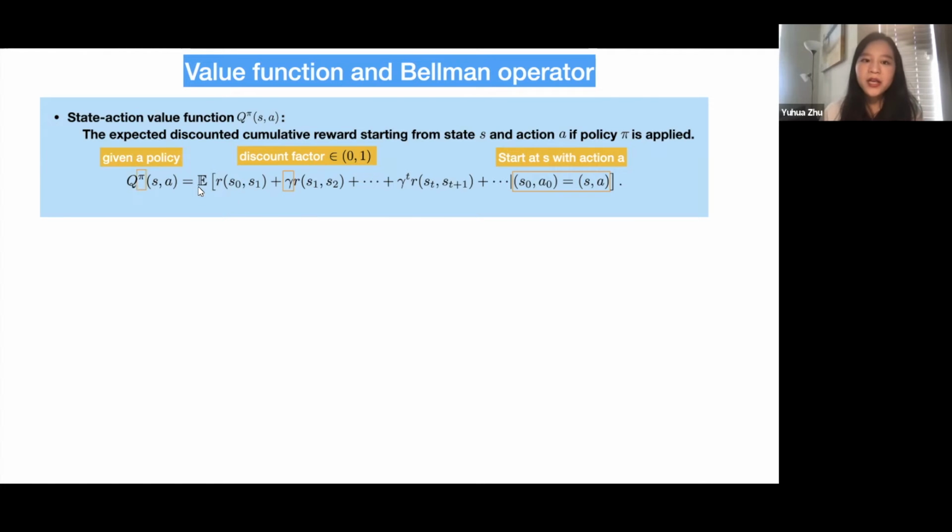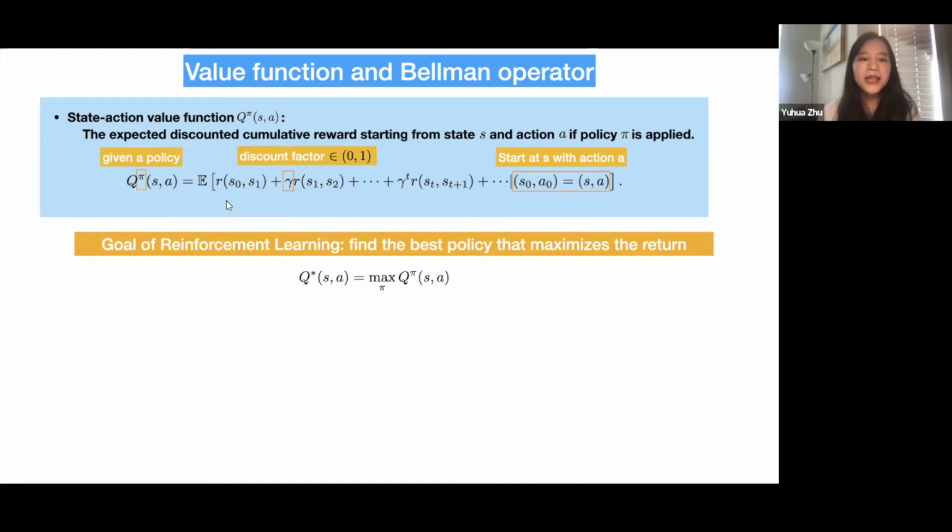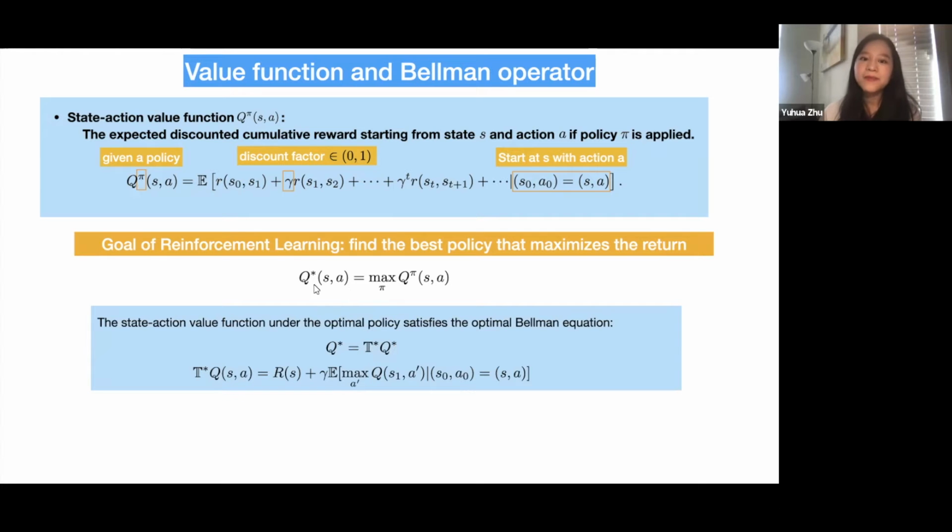And this expectation is taken over all possible trajectories under the policy pi. And we call this expectation Q pi. And the goal of RL is to find the best policy that maximizes the return Q pi. And we call this maximum Q star the optimal value function.